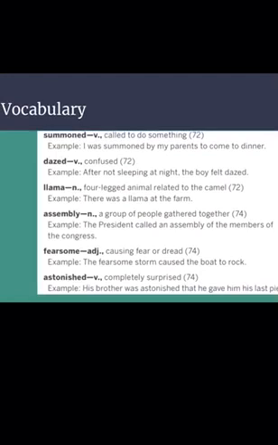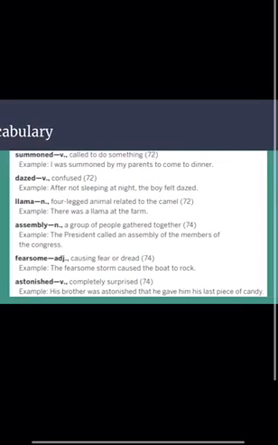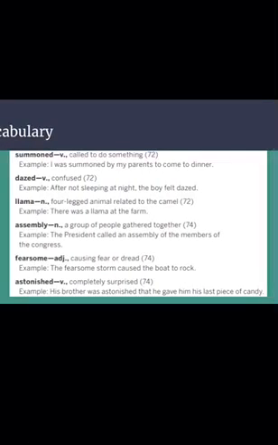It's describing something. So, fearsome means causing fear or dread. The fearsome storm caused the boat to rock. Next word, astonished. That means to be completely surprised. For example, his brother was astonished that he gave him his last piece of candy. Okay, very good.